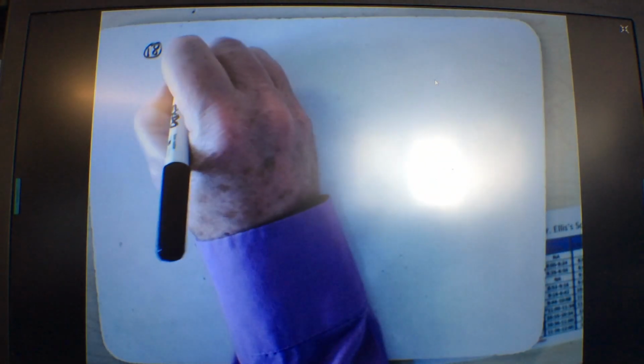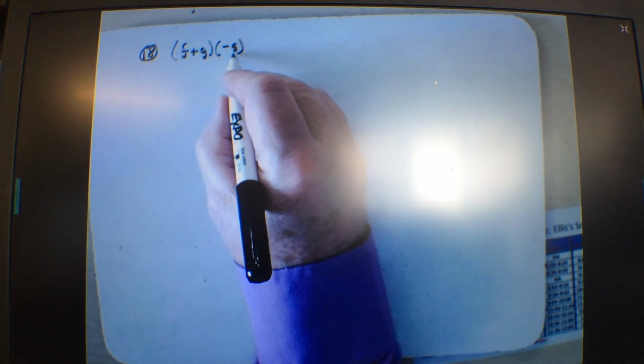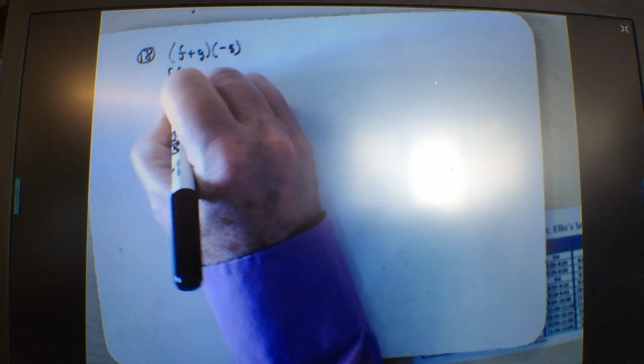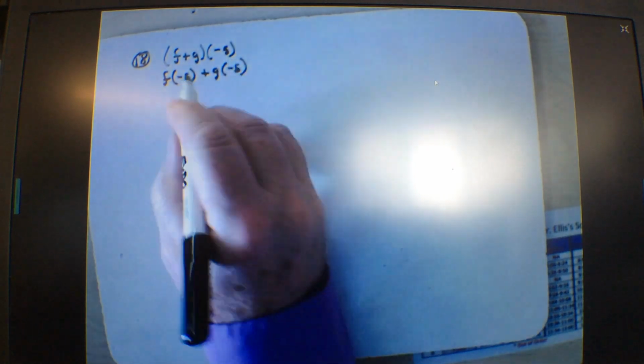It says f plus g of a negative 5, correct? All right. So what I'm going to do is put a negative 5 into the closest function to it. So if you look at this, f plus g of a negative 5, I want to take f of a negative 5 and g of a negative 5 and add them together.